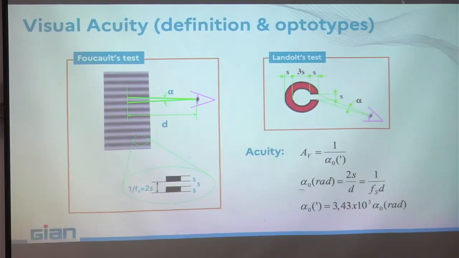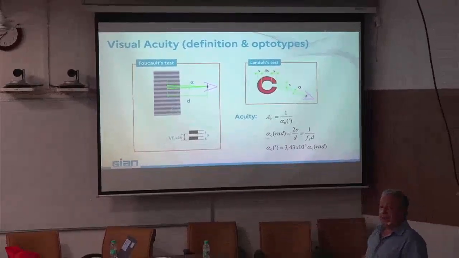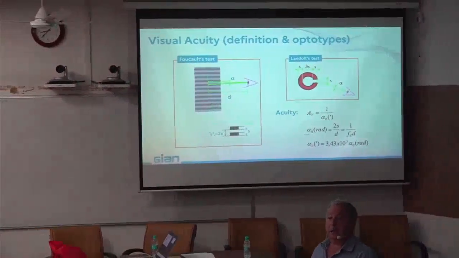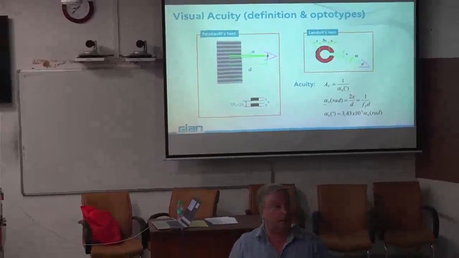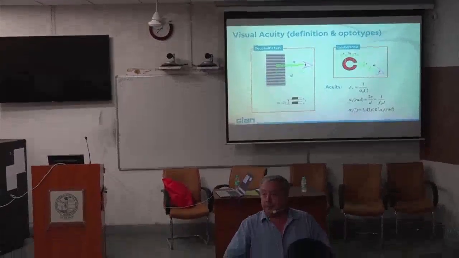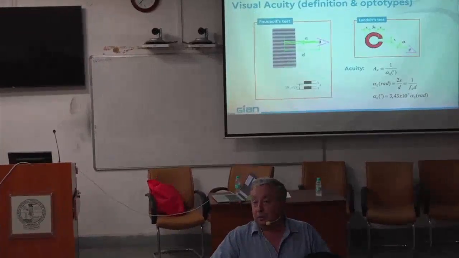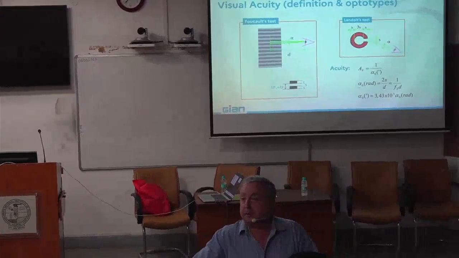From the moment you say no, I don't see it anymore, if you know the distance, you calculate the angle, and the visual acuity is the inverse of that angle expressed in minutes. Okay? Then they give you a value in tenths. 10 tenths is the best.